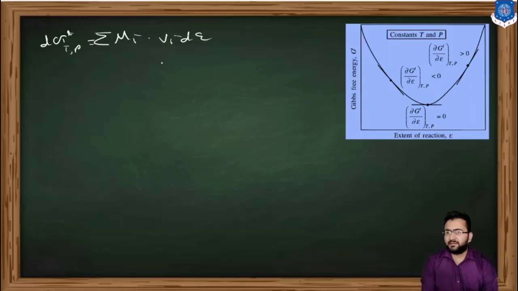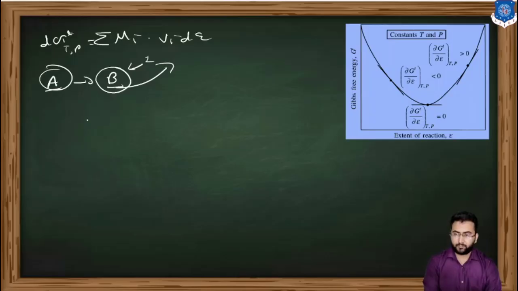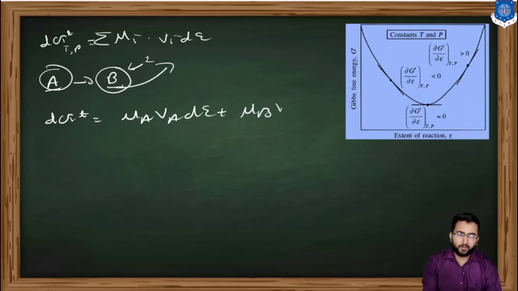To understand this more clearly, let's consider a simple reaction, A gives B. Writing the equation for this reaction, dGt is equal to mu A vA d epsilon plus mu B vB d epsilon.